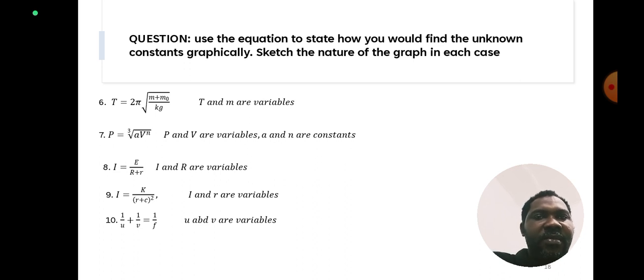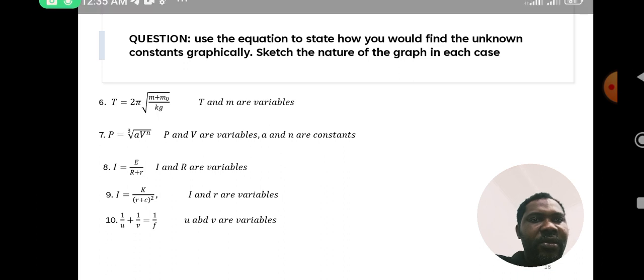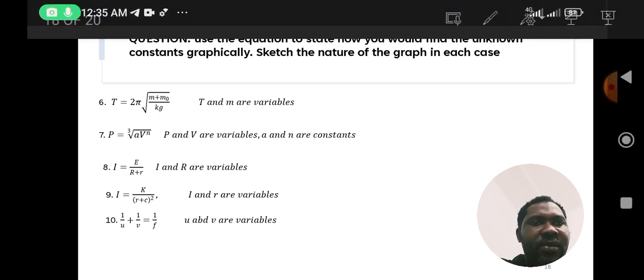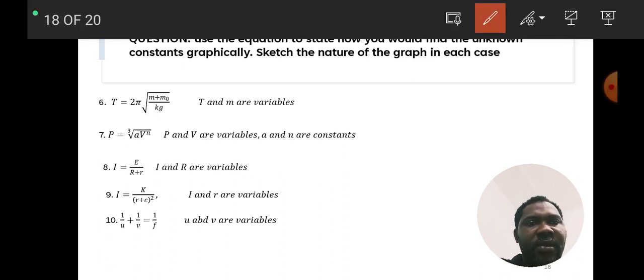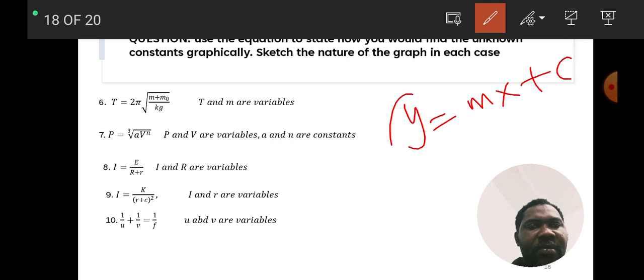Now remember, the idea is to transform each of these equations to a straight line equation. The straight line equation is simply y equal to mx plus c. Y must be a variable, m is a constant, x is a variable, c is a constant.